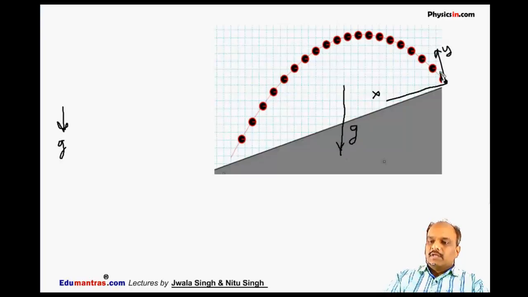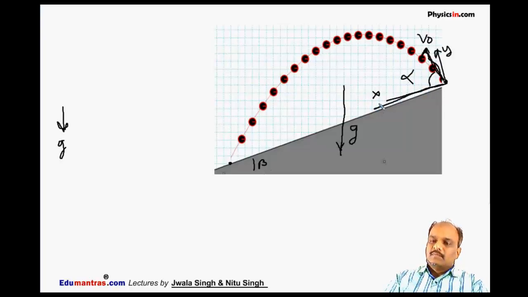This particle is projected with some speed v0. It goes like this and strikes the inclined plane at some distance. In this situation, if this is beta, this is alpha, alpha is the angle of projection from this inclined plane.